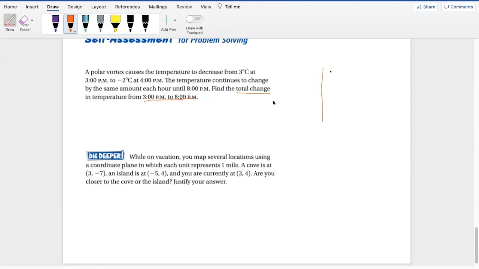Let's think of this on a vertical here. So here's our 0 degrees.